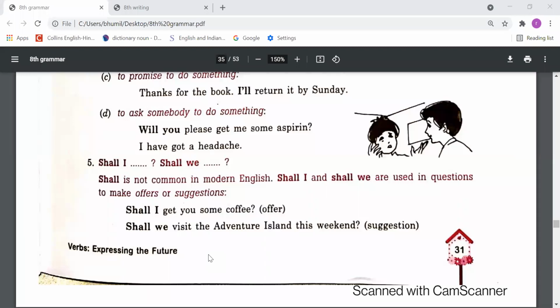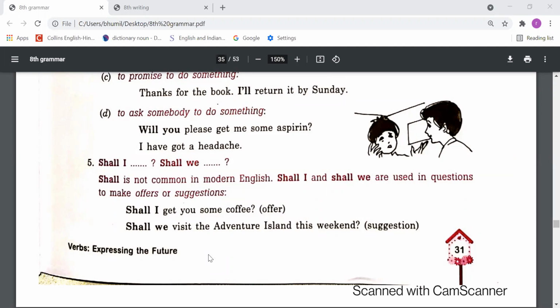shall we can use with first person, singular or plural. We can understand that shall we can use with I and we, but we can use will with first person, second person, and third person too. Means with I, we, you, he, she, it, name. With all the subjects we can use will, but with first person, singular and plural we can use shall.